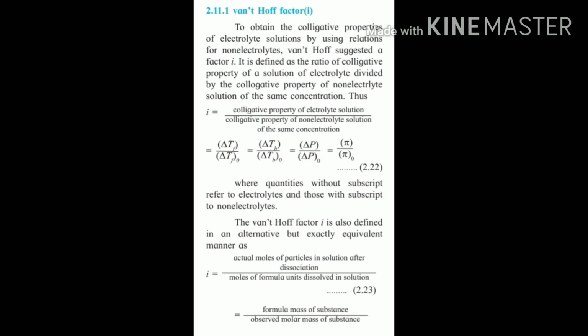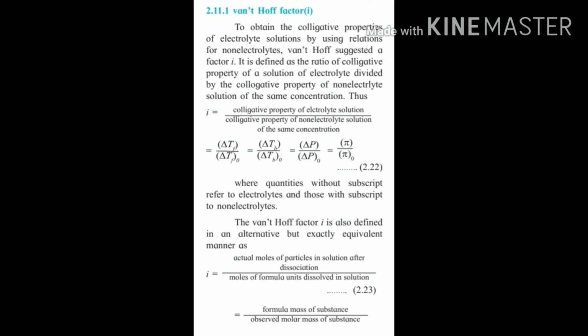It is denoted by the small letter i. In order to obtain the colligative properties of electrolytes by comparing them with the relations of non-electrolytes, Van't Hoff suggested a factor called i. So the Van't Hoff factor is denoted by the small letter i. Now, what is the definition of this Van't Hoff factor?